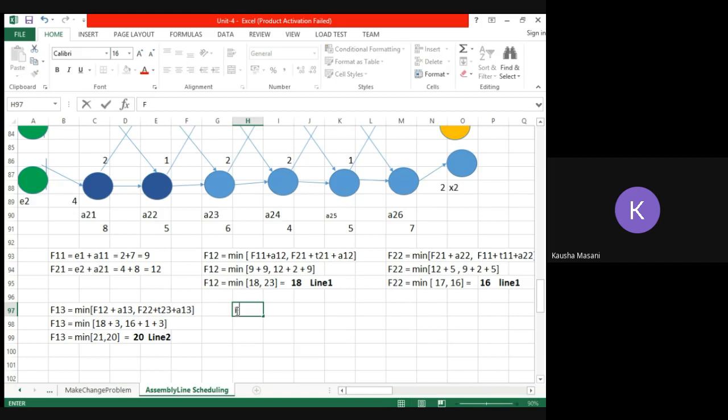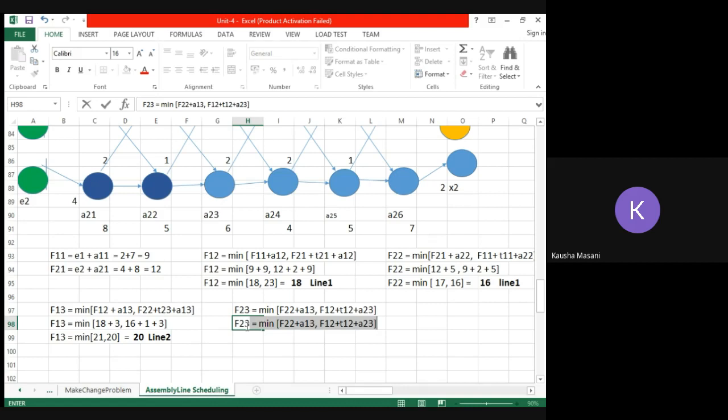Now F23, minimum of F22 plus A13, comma, F12 plus T12 plus A23.